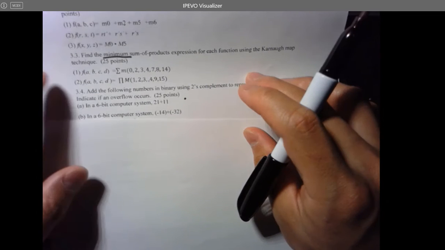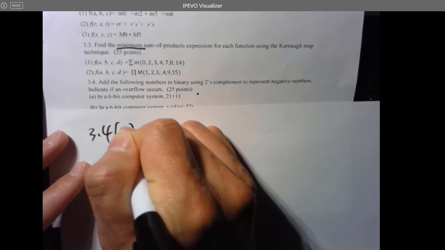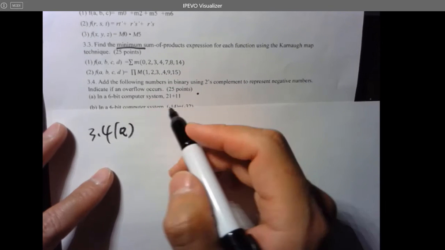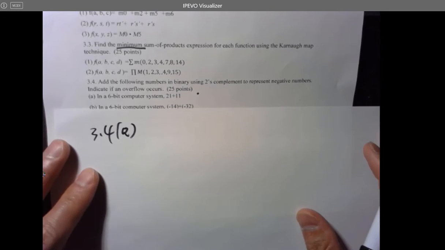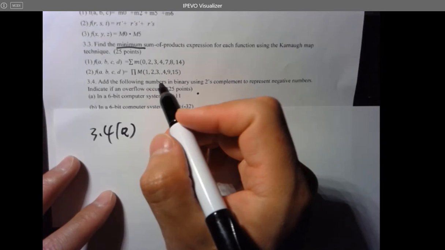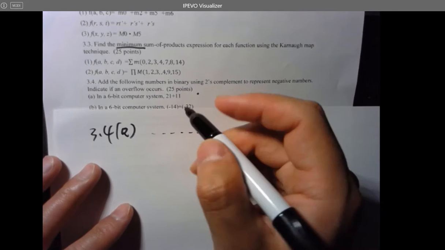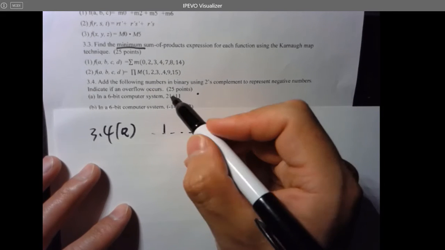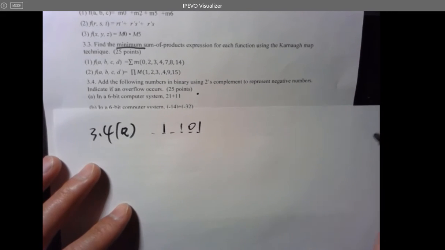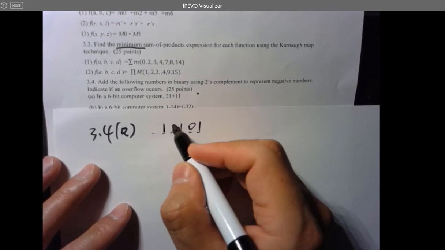A 6-bit computer system, and 21 plus 11. So 6-bit means you have 1, 2, 3, 4, 5, 6. For 21, you need a 16 first and 5, right? 16 plus 5 will be 21.